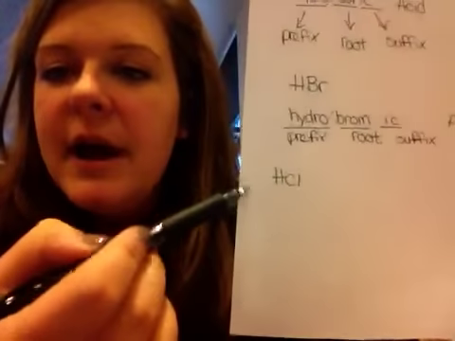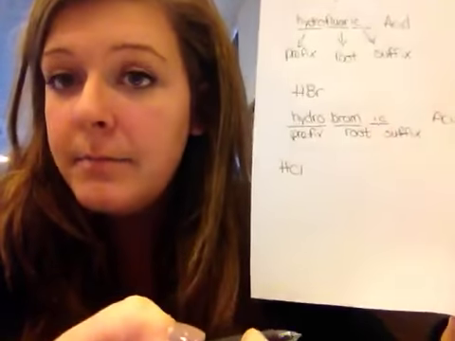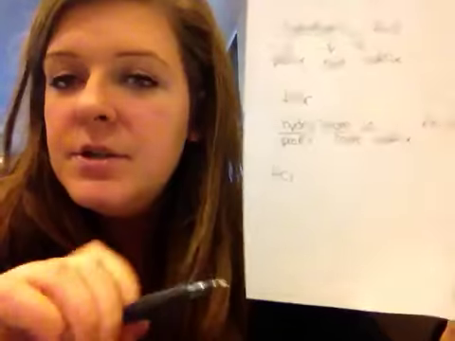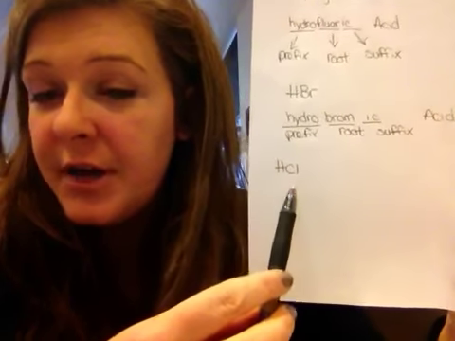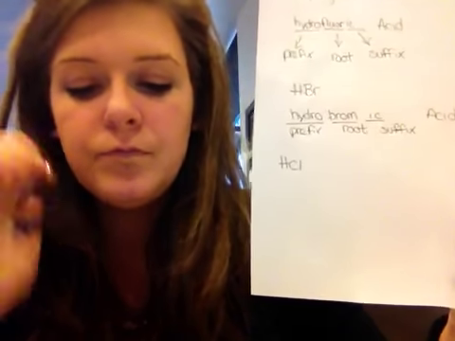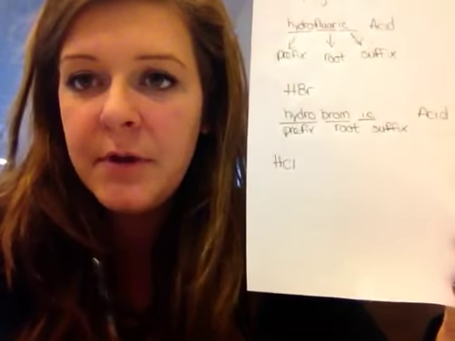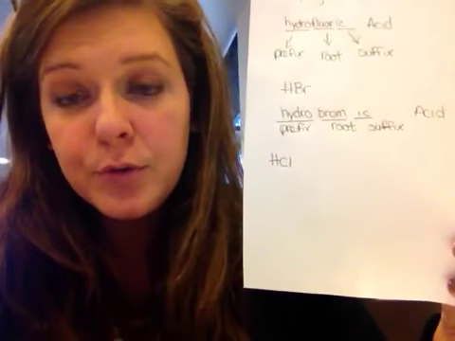Let's do another one. What if we did HCl? Before we could have named this hydrogen chloride, but I want the acid name. I know this is binary because I have two elements: hydrogen and chlorine. So you try to name this one. Remember that I'm always going to start with hydro, it's always going to end in -ic, and that middle part is going to be the root.